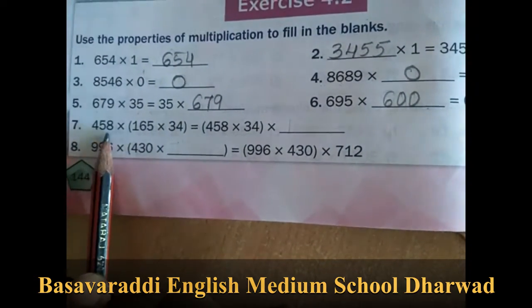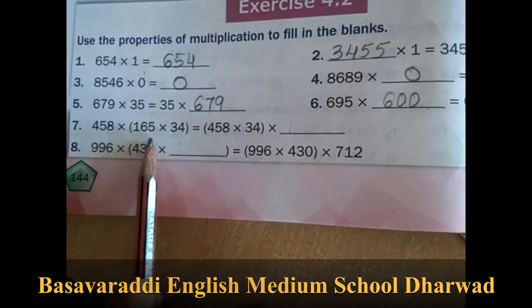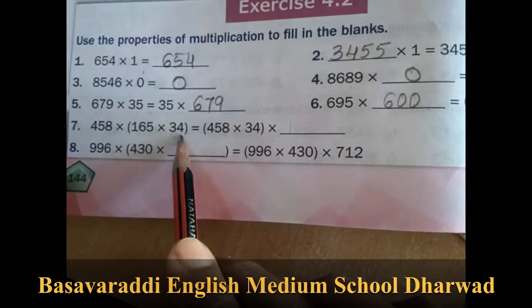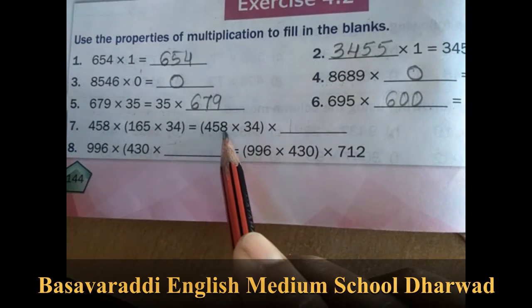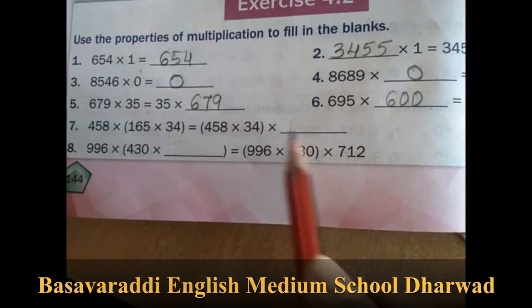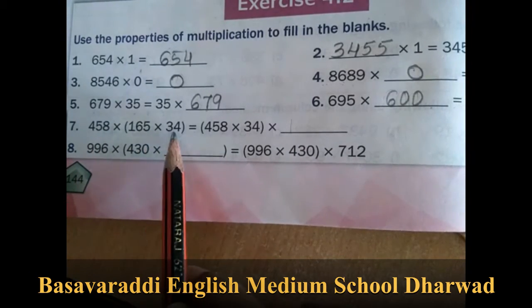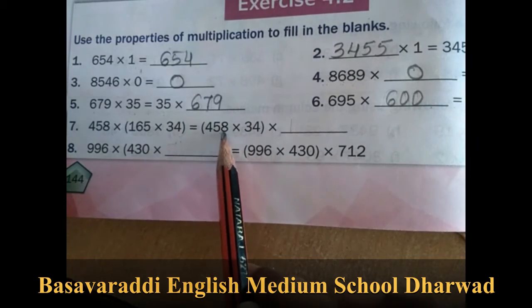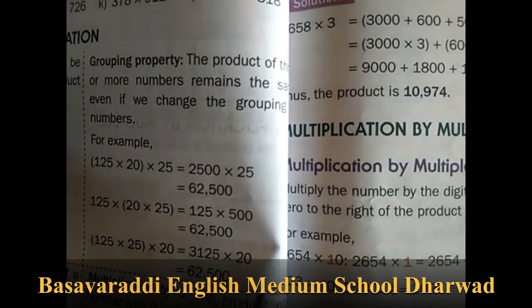Next, the seventh question: 458 into (165 into 35) is equal to (458 into 34) into dash. Remember the grouping property.